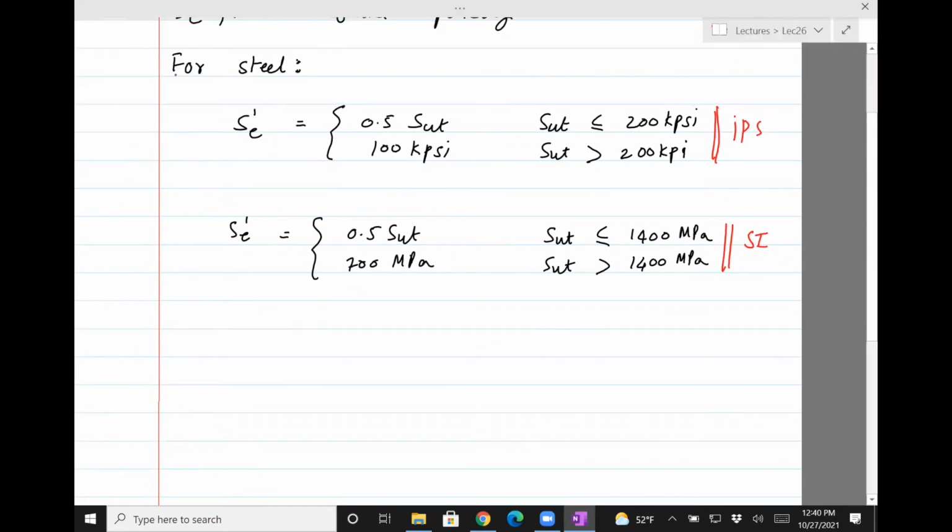Now, why did I write SE prime and not SE? So SE prime is the endurance for the test specimen. So clearly, when you have the test specimen, you observe it, you get these curves. SE, on the other hand, is the endurance for the actual machine element.